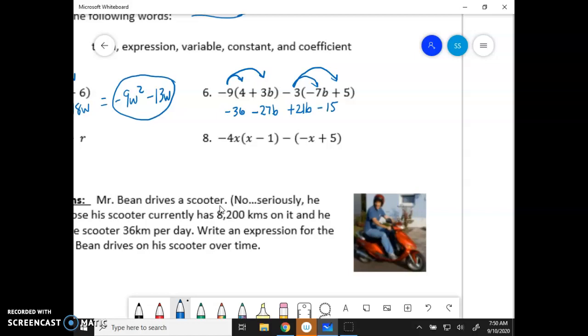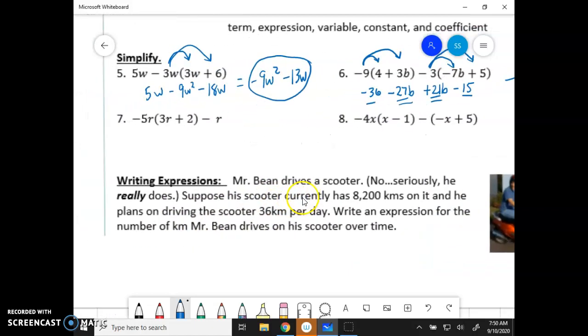All right, so we have two sets of like terms. We got our constants here that we can combine and our terms with the b's. So we can add negative 27b and positive 21b, so it's going to be negative 6b, and then our constants, we got negative 36 minus 15, which is going to be negative 51. Okay, all right, moving on.